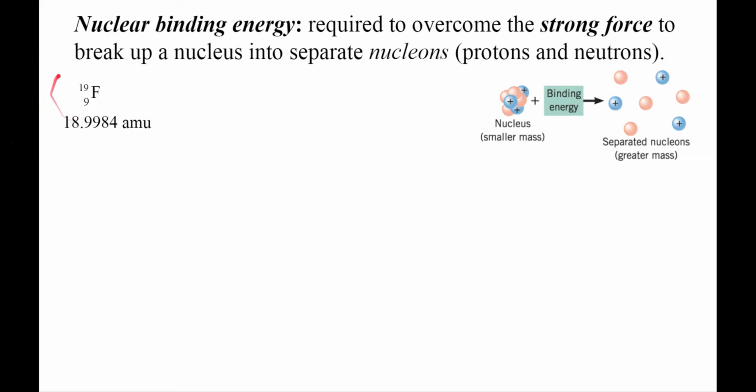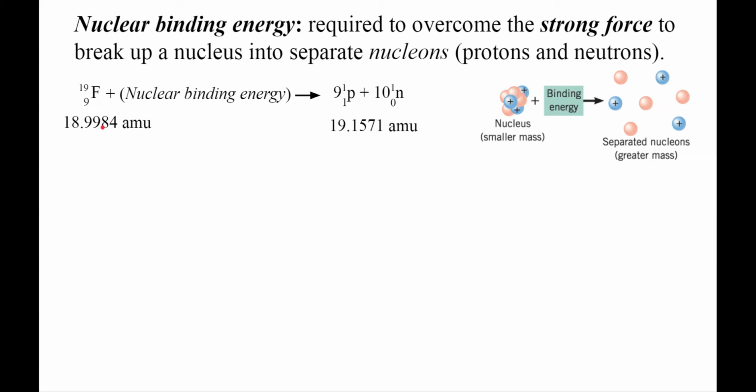So here's fluorine-19 with its mass. If you put enough nuclear binding energy in to break it apart to get 9 separate protons and 10 separate neutrons, the weird thing is when you weigh it, it's heavier. The separate parts weigh more than when they were together. Again, that should be odd.